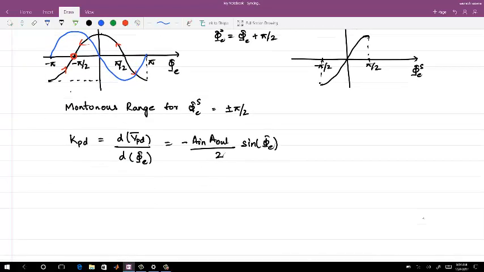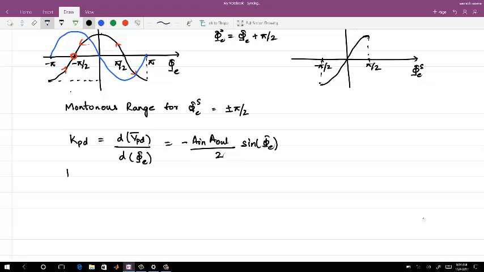So you can treat this gain as a constant gain over a very small range at the locking point, minus pi by 2. But if you are away from the minus pi by 2 locking point, your gain is still nonlinear.